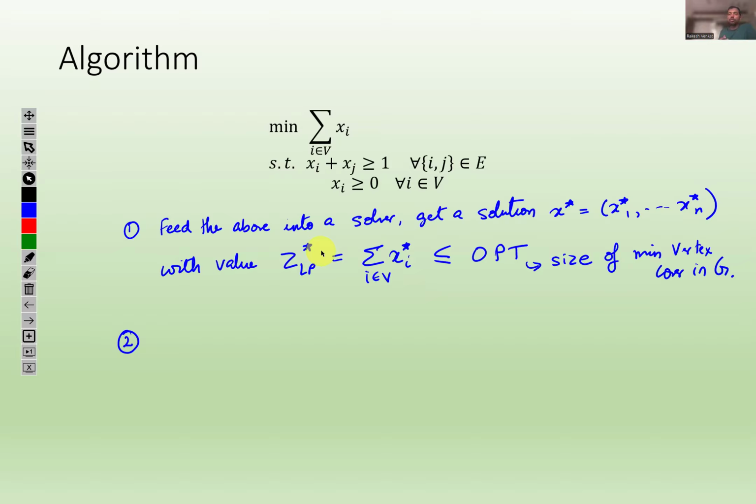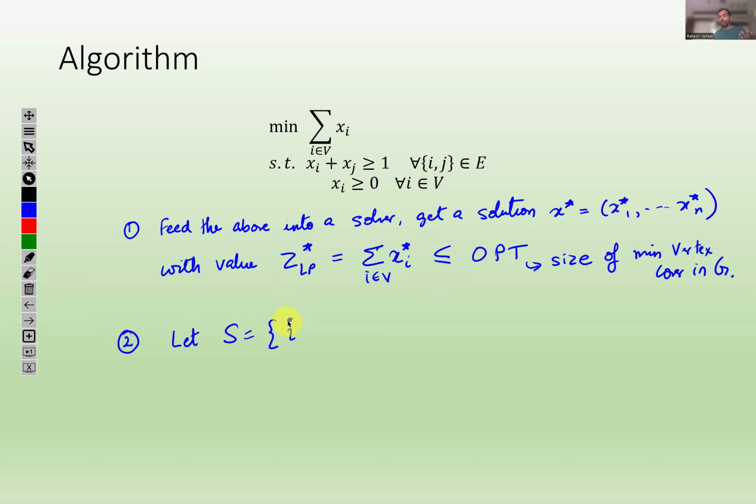I'm going to try to produce a vertex cover from this. So I consider the set, and this is where maybe some amount of cleverness comes in. Look at the LP. Look at the solution x1 to xn star. In the ideal solution, what should it have been? If I was in the cover, then xi star should have been 1.